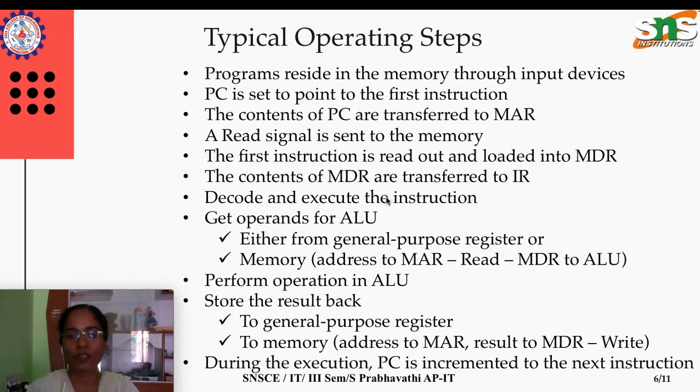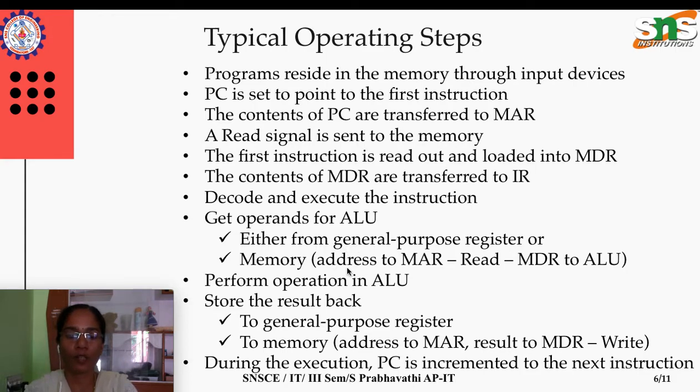Suppose the instruction fetched is something like add location A comma R0. Here we need to again fetch the operand values. As we have seen in the previous slide, the operand value will reside either in a general purpose register, or we need to fetch that operand from the memory.